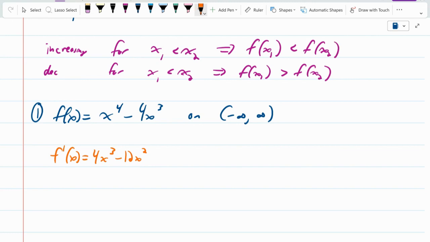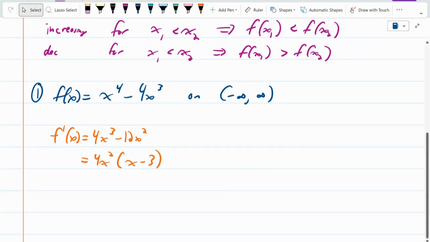And a good thing to look at is also the factored form of this. So the factored form would be 4x squared times the quantity x minus 3. And we're also going to look at where this is equal to 0 to identify some critical values. So critical values of this would be at x equals 0 and at x equals 3. There are no values where a divide by 0 occurs.